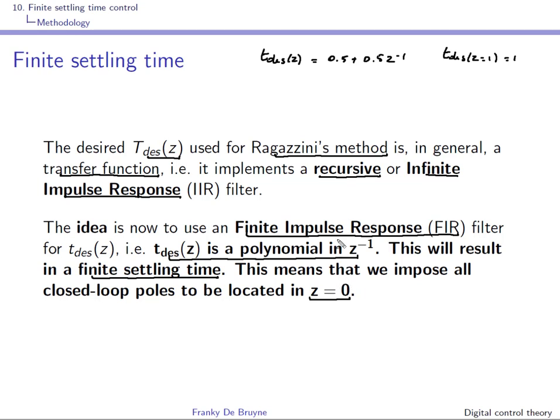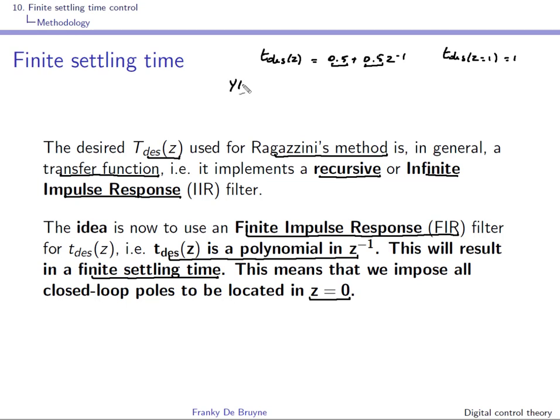The impulse response will be 0.5 in 0, and in k is equal to 1 we'll have 0.5 as well, and from then on we'll have all zeros. We can see here that we'll have a finite settling time, so what we'll do is compute the step response that is associated to this one.